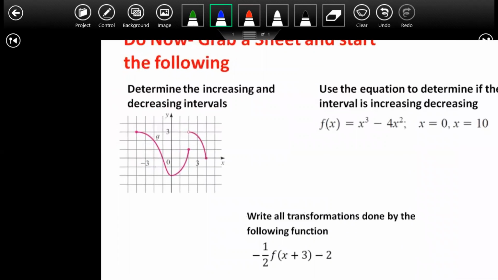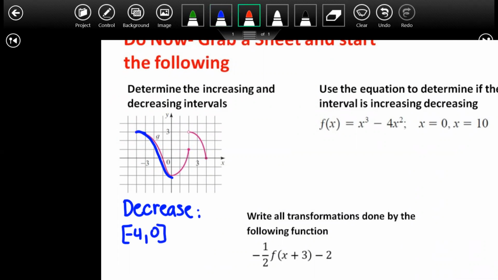Decreasing function, going down all the way to 0. So there's going to be a decrease, and we're going to have 2 of them. So it's going to go from -4, comma 0.